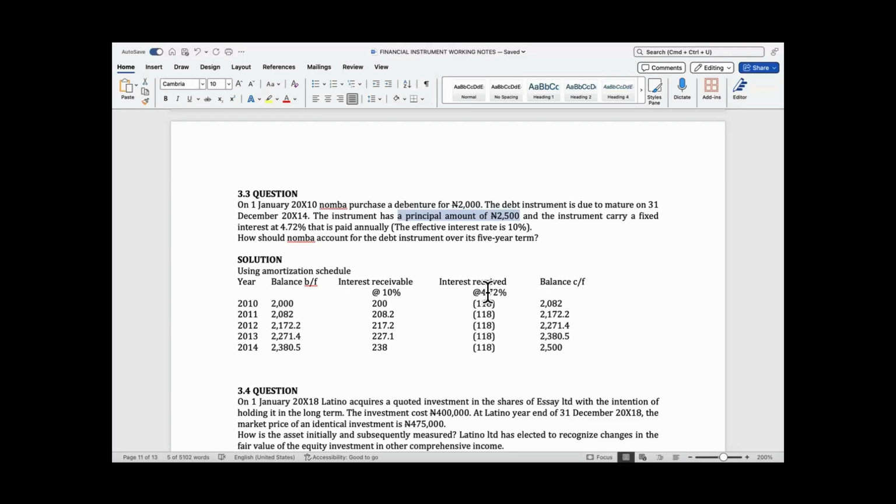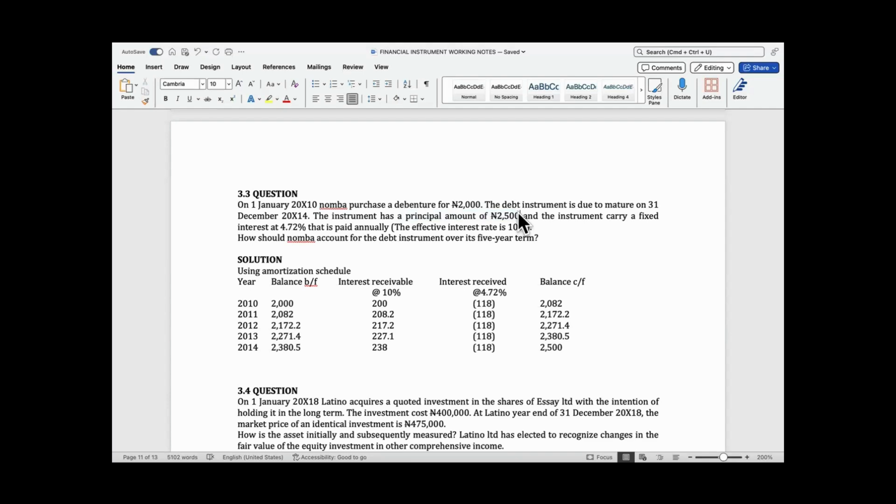But in this case now, the examiner twisted everything for us and said that this maturity amount is the principal amount. In those other ones, the maturity amount was not the principal amount, because maturity amount is not the same thing as the principal. But in this case, they said it is.